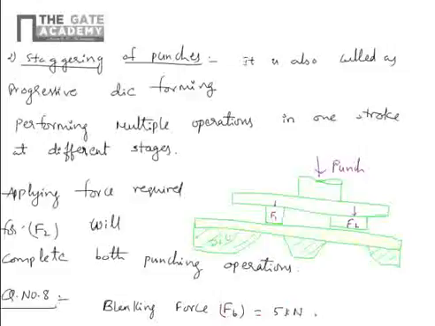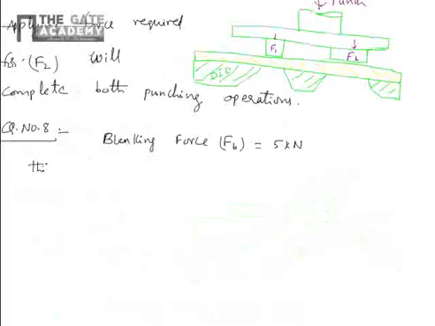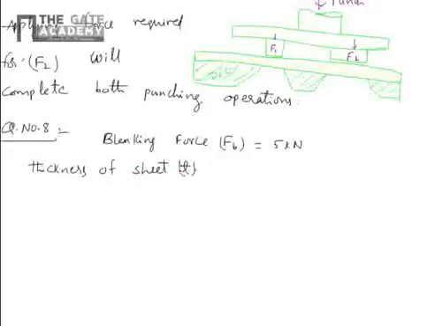The thickness of the sheet is T, and the diameter of the blanked part is D.